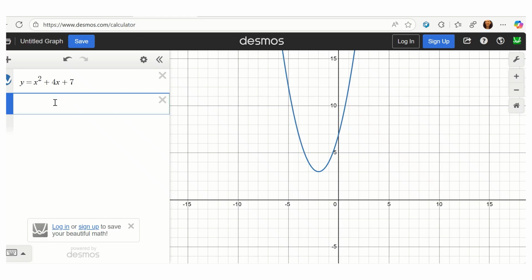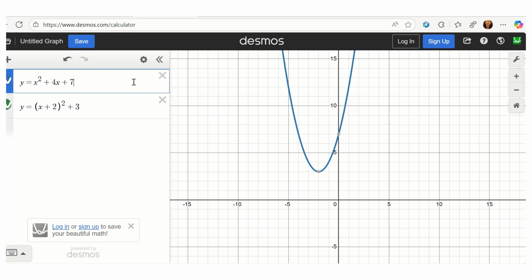And then the vertex form was y equals x plus 2 all squared plus 3. And what I want you to notice is that they are generating the exact same graph. So I know that this is the exact same parabola because when I plug in and get those points, I'm getting the same points for both of them.